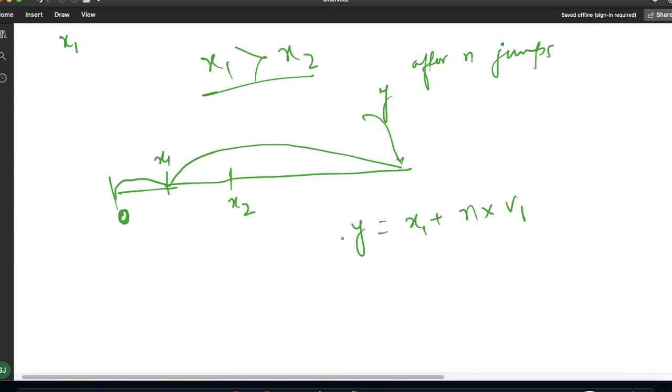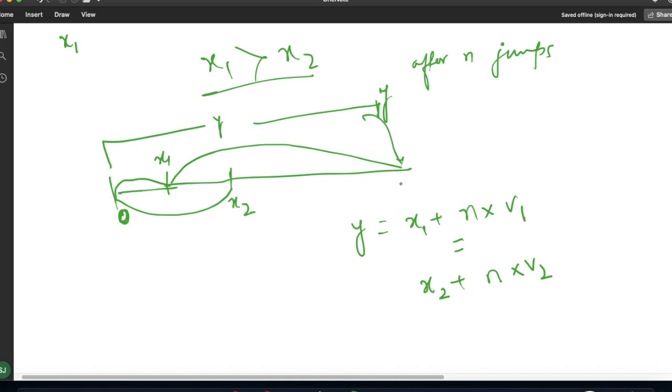Now again y is the same for x2 also. So it will be x2, this distance, plus after n jumps it will be n into v2, and these both are equal to y.